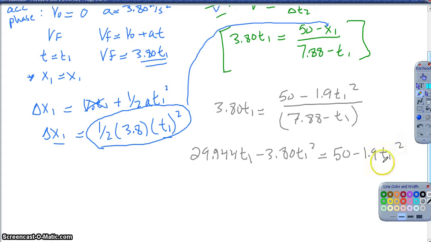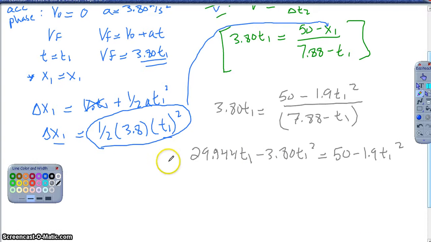And because we do have both a t1 squared and a t1, that tells me that if I go back to my algebra skills, this is a quadratic, right? If I have both a squared and a term to the first power here, there's no way that I can solve this equation unless I use the quadratic formula or factoring. So I need to get everything to the same side. I'm going to add and subtract those over here.